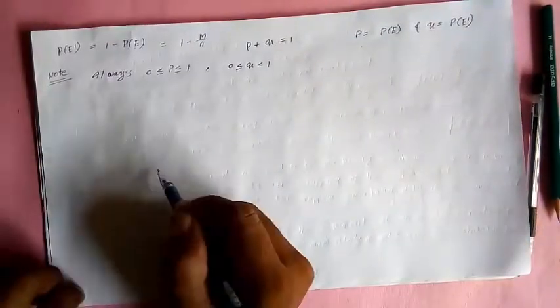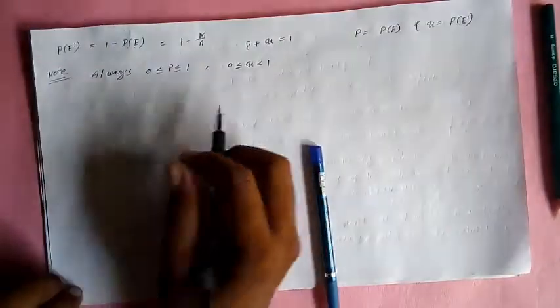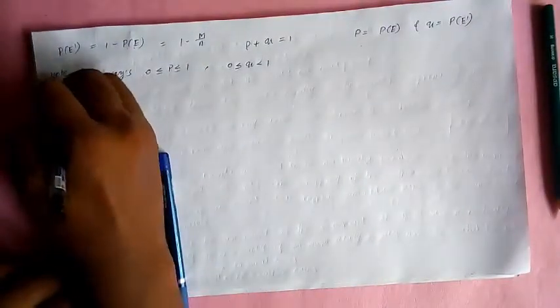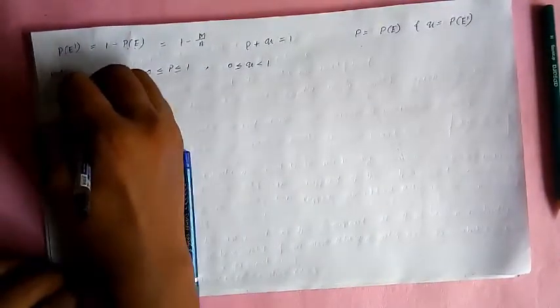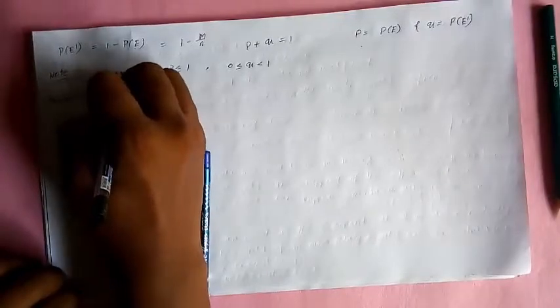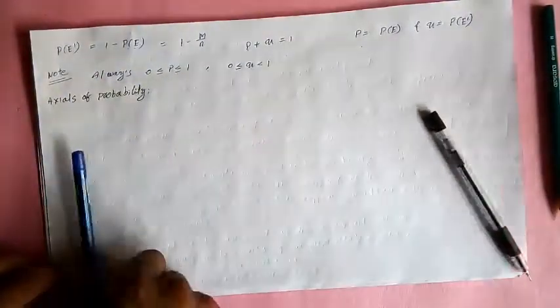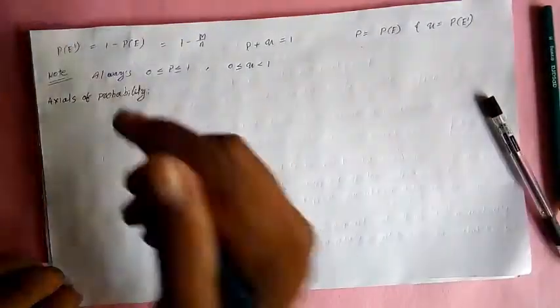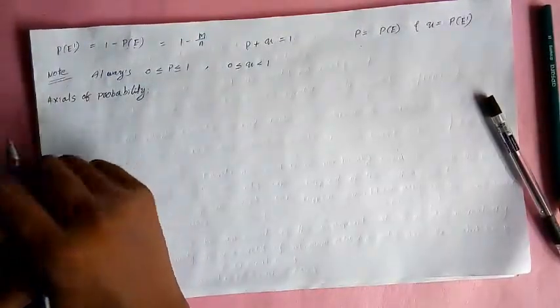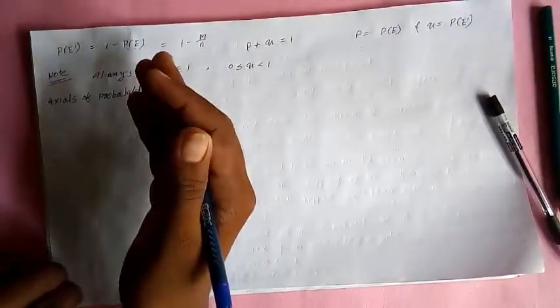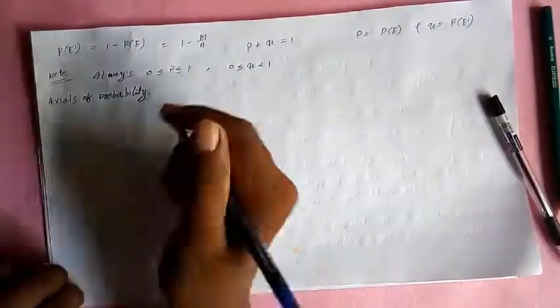Next topic is axioms of probability. Now we have 3 main formulas in these axioms of probability. Step by step we can write them on the paper.